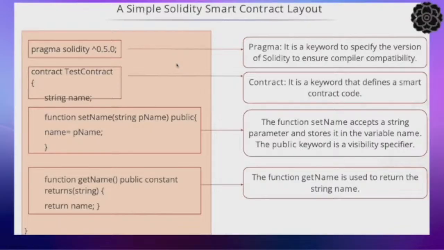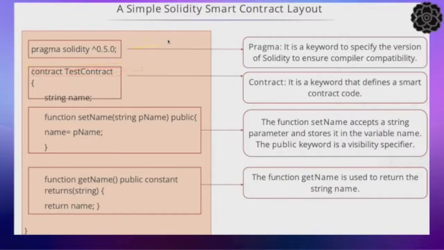Whenever you start writing your code, you have to declare these steps, or define these certain criteria. What are those? First, we define the version. What version of Solidity are we going to use in this case? Once we are done with defining our version, the very next step is defining the contract.